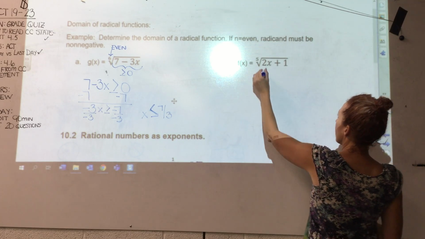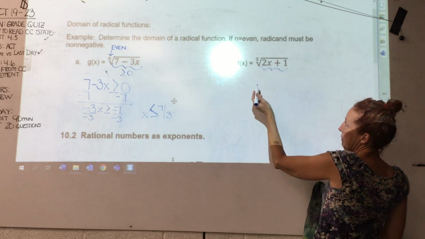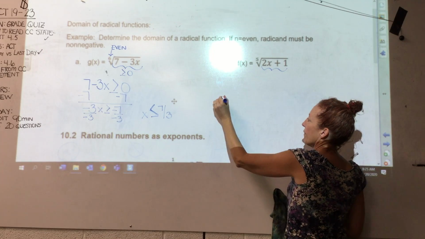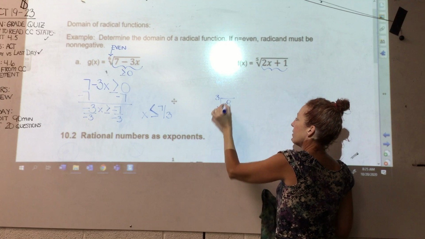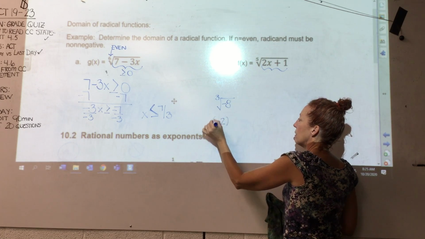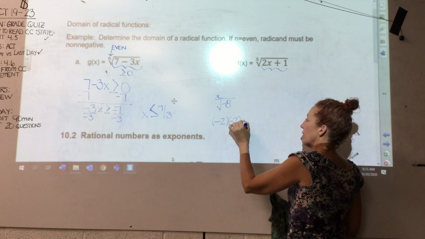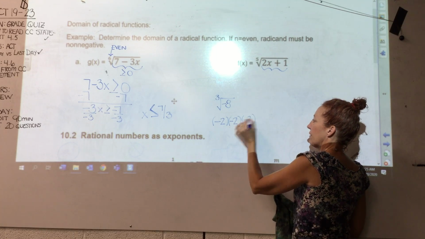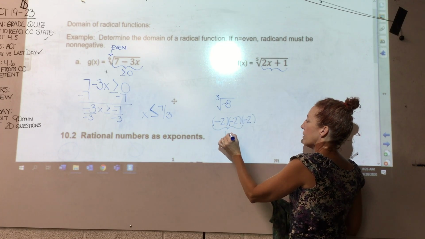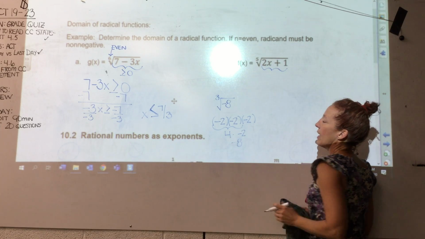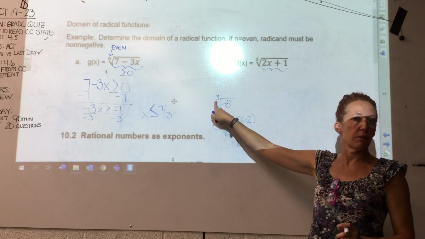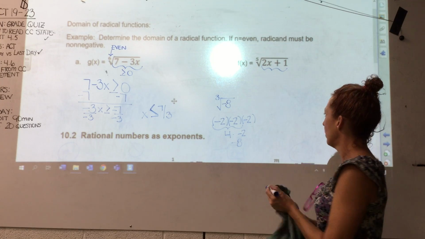Okay, over here, this is allowed to be any number. Again, if you have some random example, the cube root of -8, -2 times -2 times -2, this gives you a +4 times a -2. You're allowed to have a negative if this is an odd root. It works out fine.